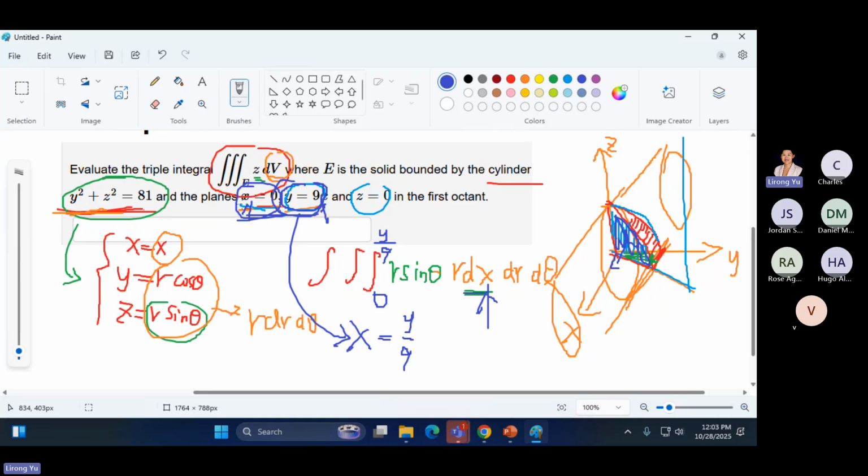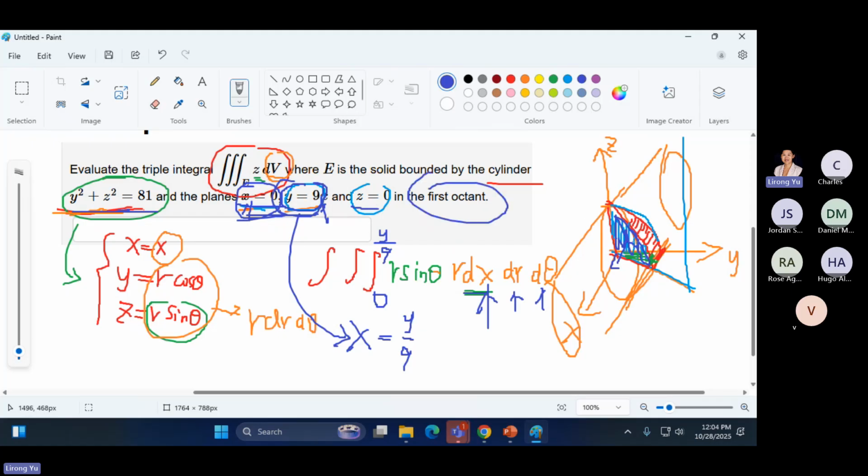Next thing is we want to identify the boundary values, the upper boundary for r and theta. So how do we know it? It's bounded by x equal to 0, z equal to 0 in the first octant.